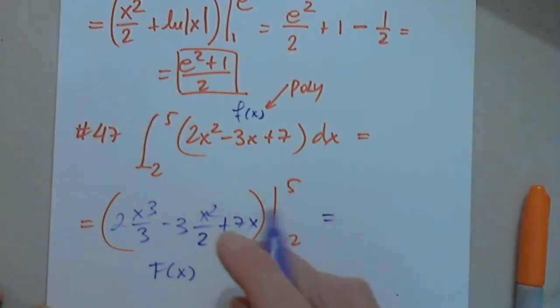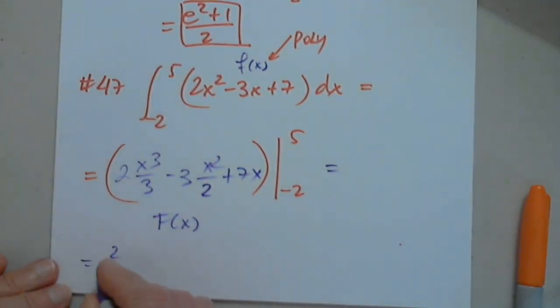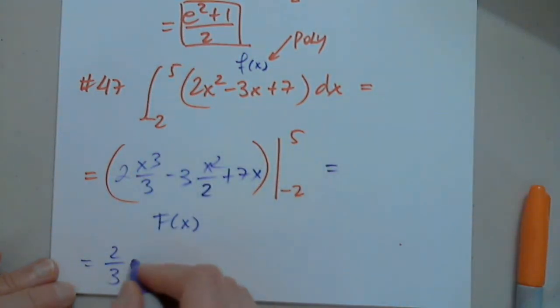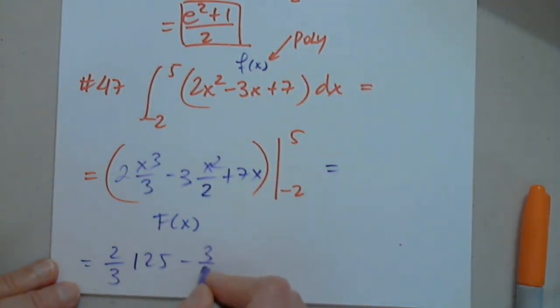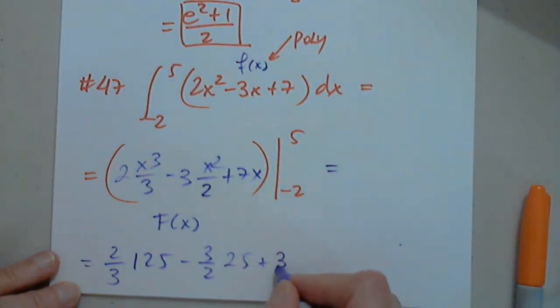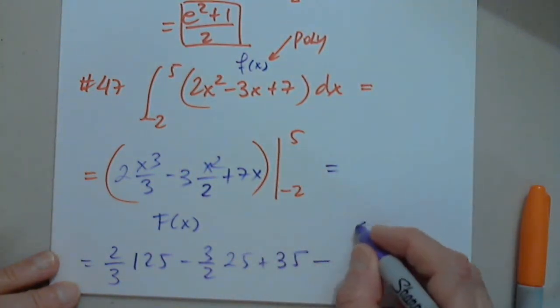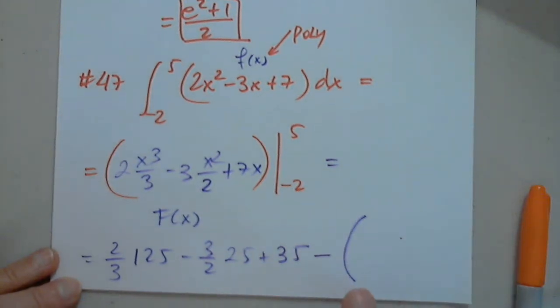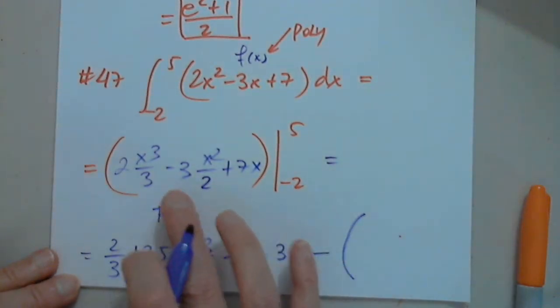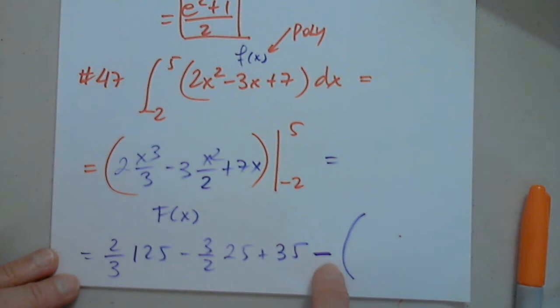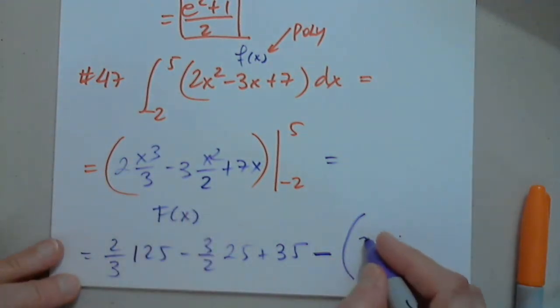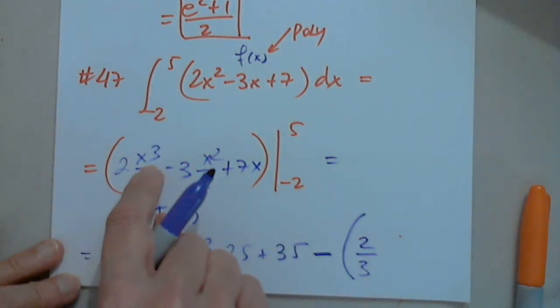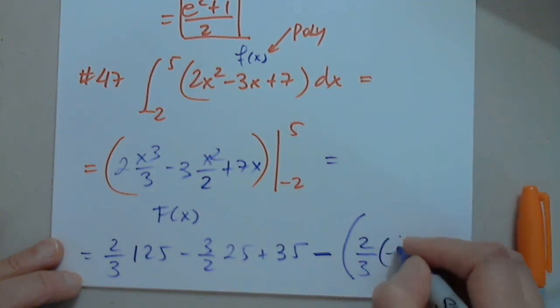Excellent. So now we plug in 5: 2/3 times 5 to the third, 125, minus 3/2 times 5 squared, which is 25, plus 35. Minus, careful, I would recommend parentheses here, because you may forget to distribute this symbol. So 2/3 times -2 to the third, this is -8.